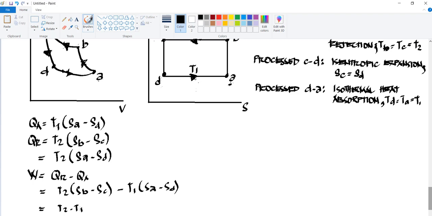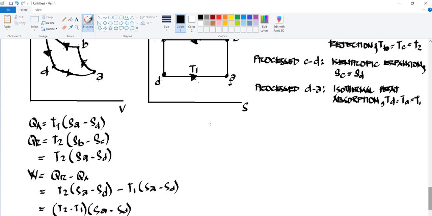We can substitute the other value, since the entropies are already equal, so we can factor that one. You have the entropy at point A minus the entropy at point D.